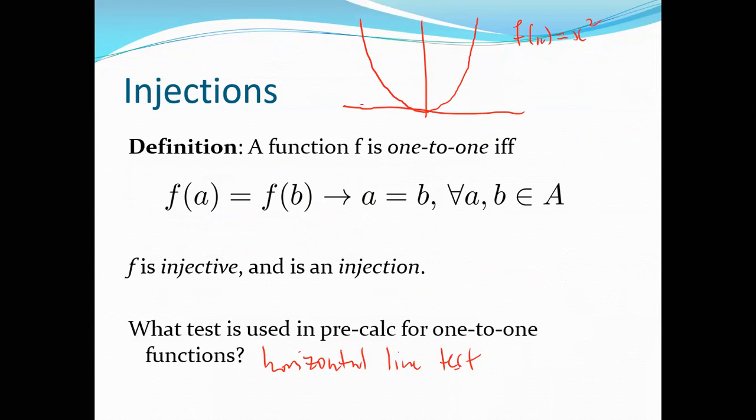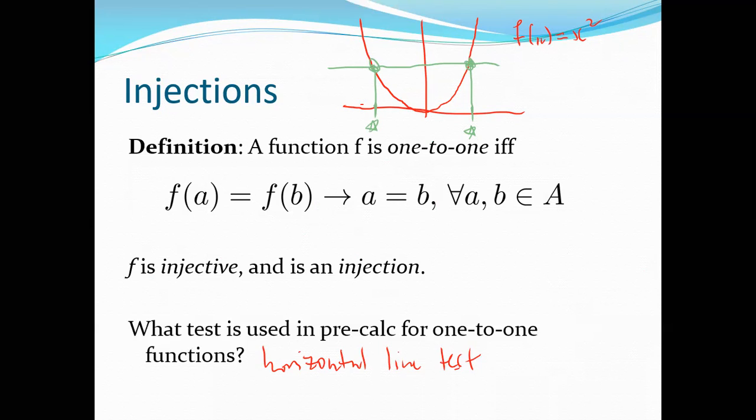If I apply the horizontal line test to this, notice that I hit it in two places right here, yeah? Drawing a horizontal line means a single output. But since I hit the graph in two places, that means there are two inputs, like right here and right here, that produce that same output.